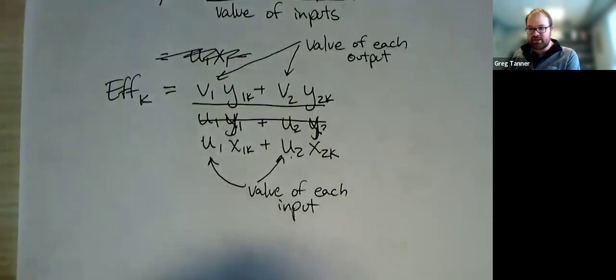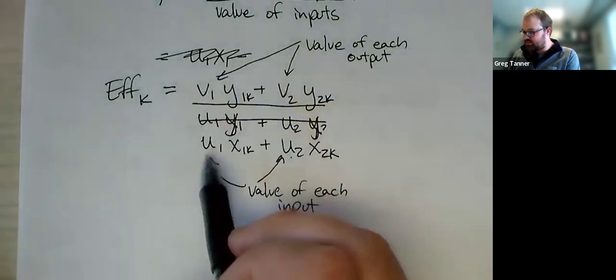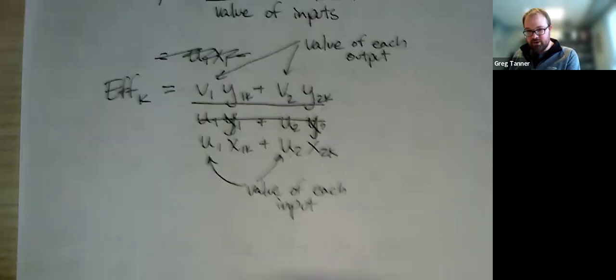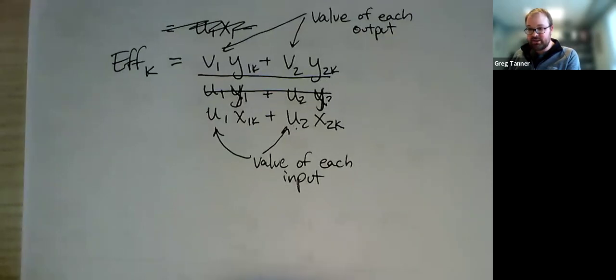But the restriction is that we have to use these same prices to measure the efficiency of all the other units. And they each have to have an efficiency of less than or equal to 1. Okay, so we're going to restrict the efficiencies for all of our other DMUs to be between 0 and 1.